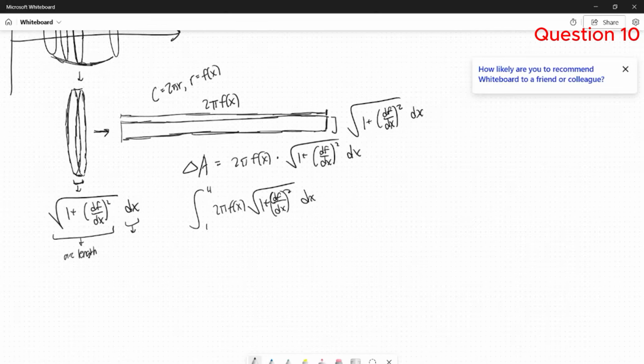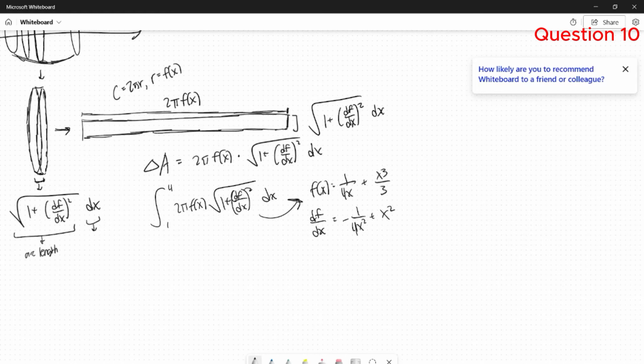Now, that was the hard part. The easy part is actually finding the arc length value. Our formula for our function here is this. I'll bring it down here again so we have reference to it. We take the derivative of it, and we get negative 1 over 4x squared plus x squared.